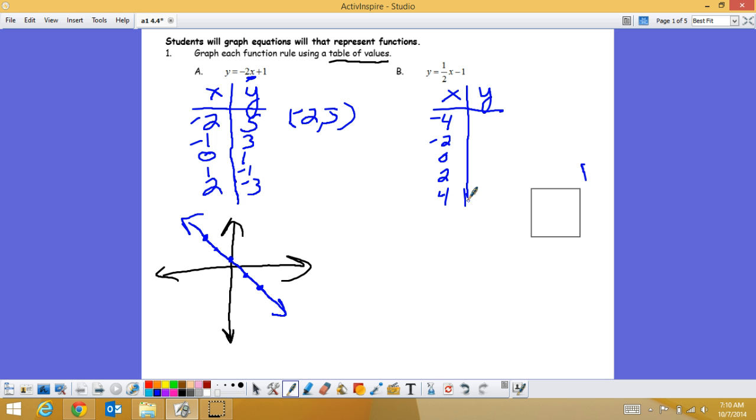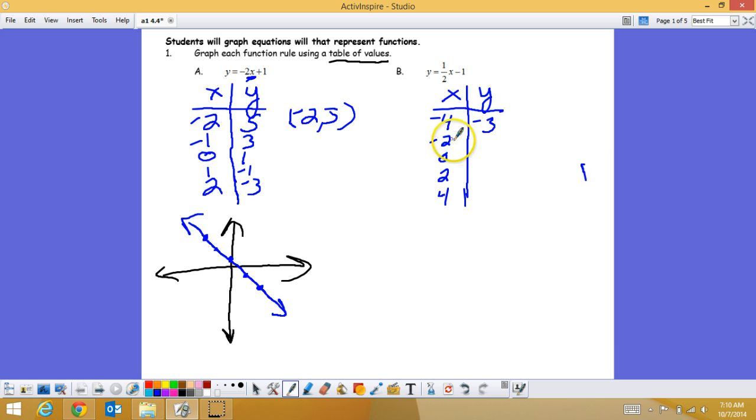Because if I pick odd numbers, I am going to end up with fractions to work with, and I know you guys don't care to work with fractions. So pick values that will work out nice. So if I plug -4 in for x, 1/2 times -4 is -2. Minus 1 will be -3.